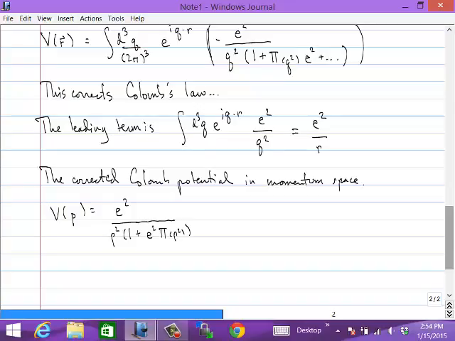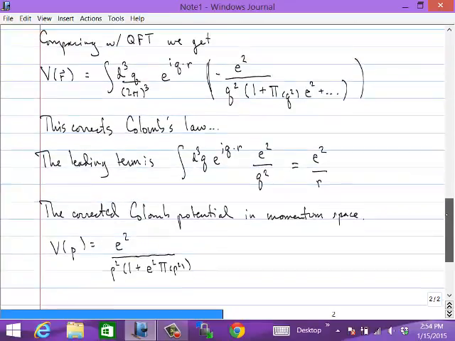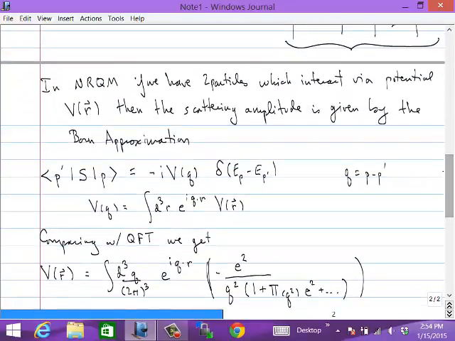Yeah, so the answer that I wrote is the answer in non-relativistic quantum mechanics, right here. P here is supposed to be a 3-momentum. E sub P is the energy associated with that 3-momentum, so the square root of m squared plus p squared.